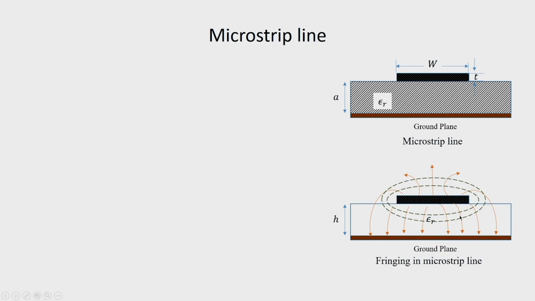The transmission is close to TM, but not purely TM, and this type of propagating mode is called quasi-TM.